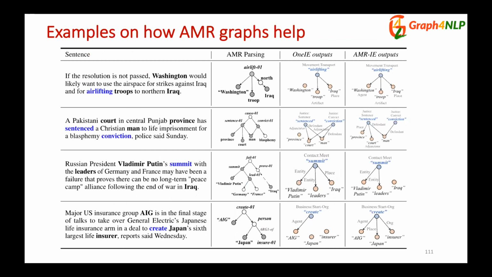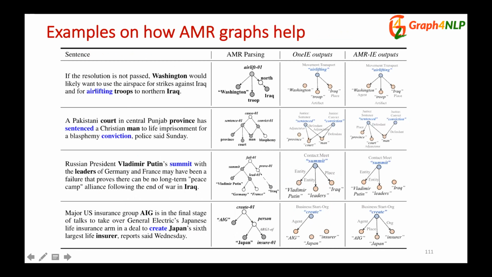So let me give some examples to compare the sequence-to-graph and graph-to-graph frameworks. In the first example, the trigger is "airlifting", and Washington is supposed to be a place argument or attack argument for this airlifting, so this should be playing an agent role.